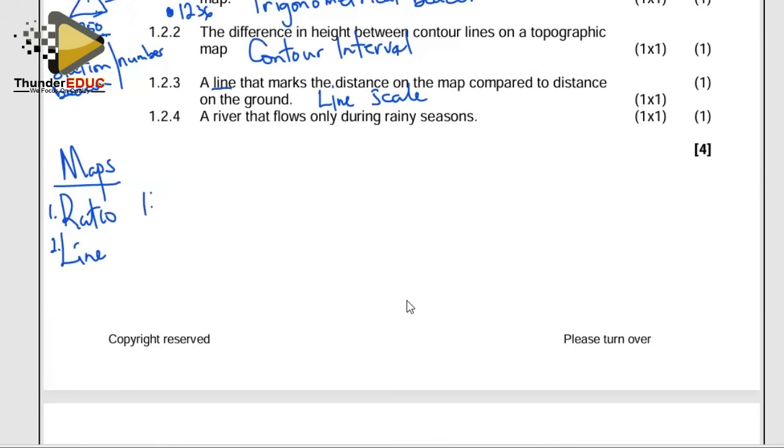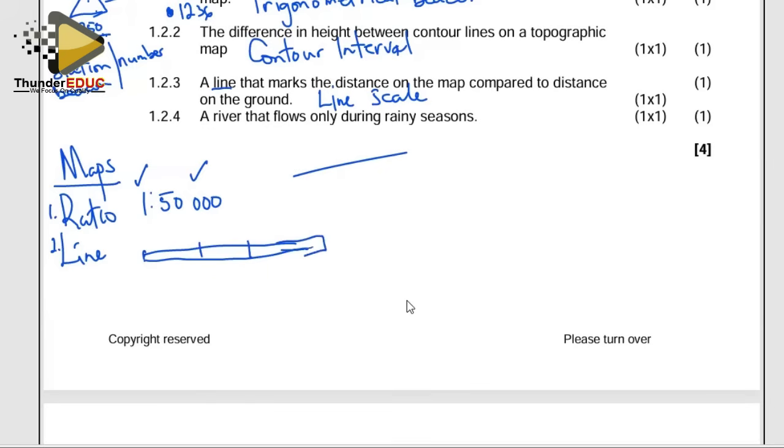For example, a topographic map is drawn to the scale of 1:50,000, which means every 1 unit that you measure on the map is equivalent to 50,000 units on the ground. If you measure 1 centimeter on the map, it means that 1 centimeter is actually representing 50,000 centimeters on the actual ground surface. Then our line scale is drawn and has some demarcations and it shows us the distance.